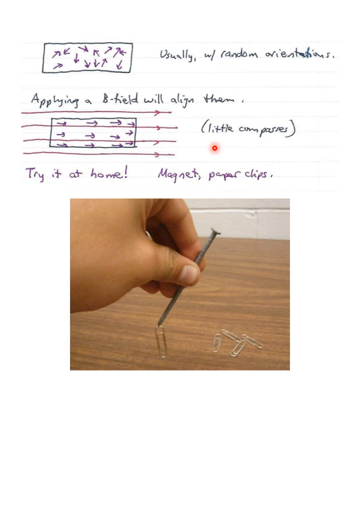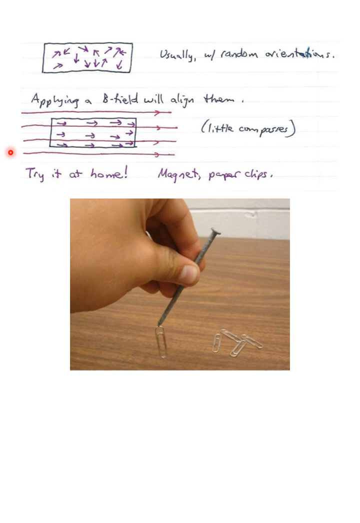You can try this at home. Take a nail or a paper clip and stroke it with a magnet. The stronger the magnet, the better. Do it hundreds of times in the same direction, and you will gradually get those magnetic moments aligned. And then, as you can see in the picture down below, the nail will become temporarily magnetized.